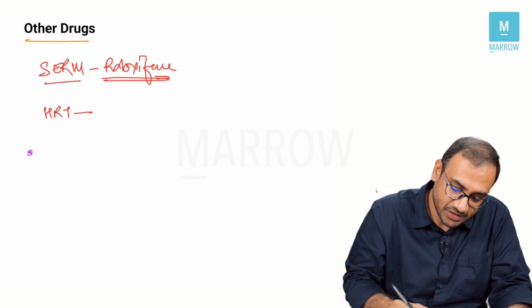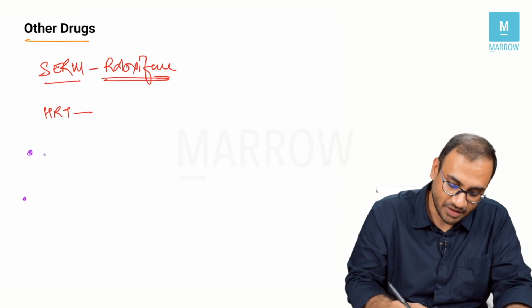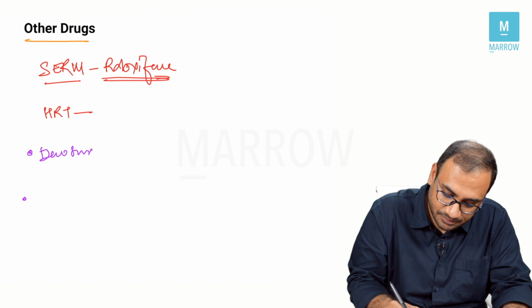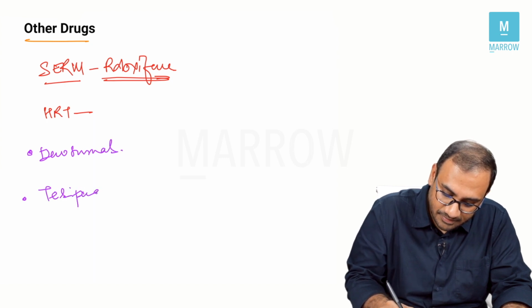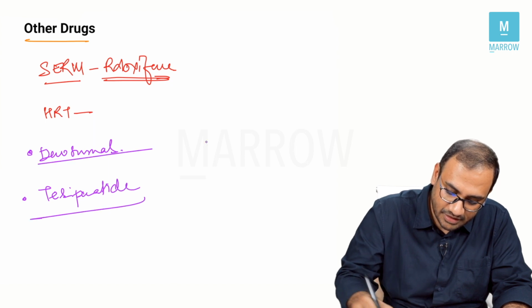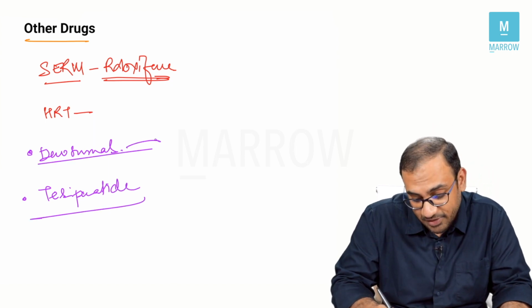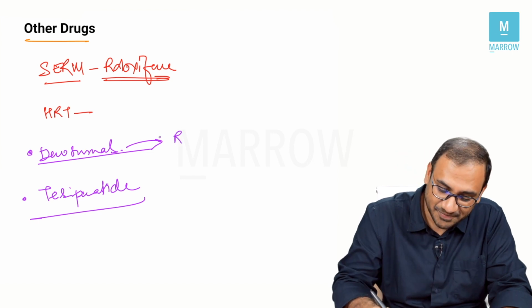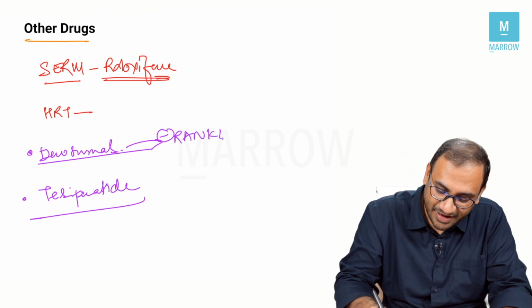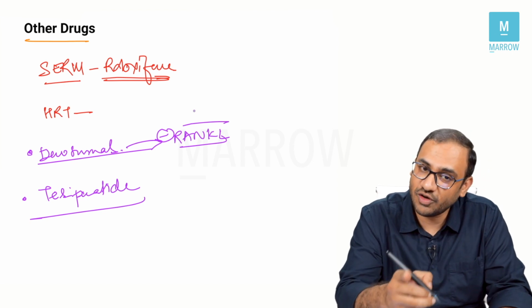There are two new drugs that you can remember. One is denosumab, the other is teriparatide. Denosumab, teriparatide. Denosumab, if you recall, how does it function? It inhibits the RANK ligand. And what was RANK ligand used for?